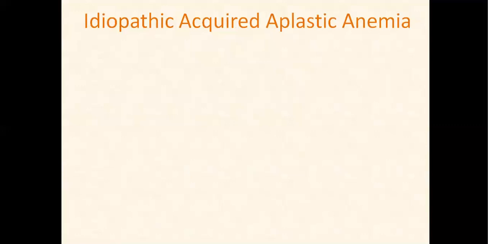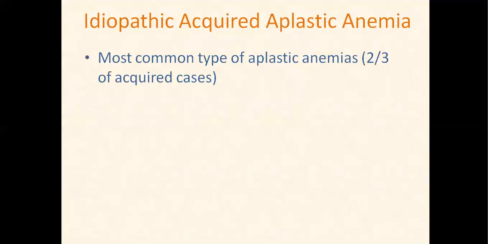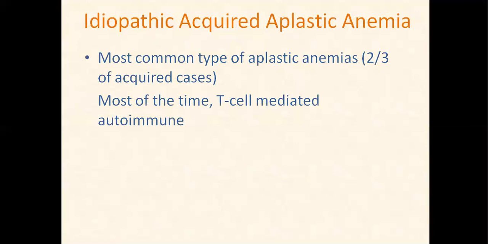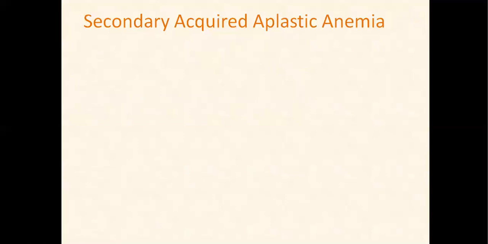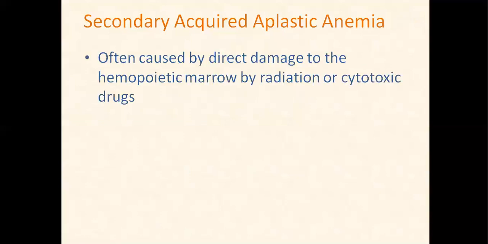Idiopathic acquired aplastic anemia is the most common type of aplastic anemia, two-thirds of acquired cases. Most of the time it is T-cell mediated autoimmune. The secondary acquired aplastic anemia is often caused by direct damage to the hematopoietic marrow by radiation or cytotoxic drugs.